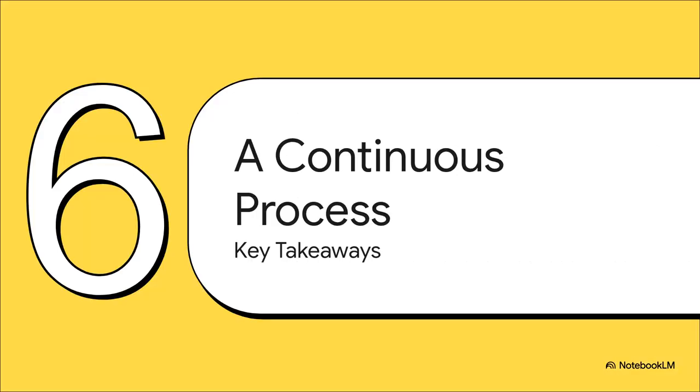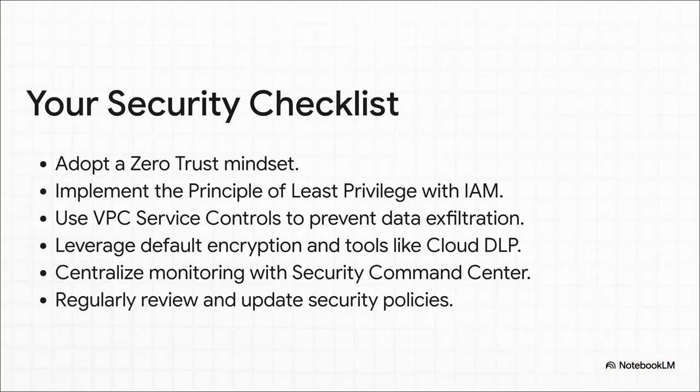We have covered a lot of ground, from high-level philosophy all the way down to specific tools. So let's bring it all together and go over the core principles one more time for building a secure foundation on GCP. Okay, here it is, your security checklist. 1. Adopt a zero-trust mindset. Trust nothing, verify everything. 2. Live by the principle of least privilege in IAM. 3.